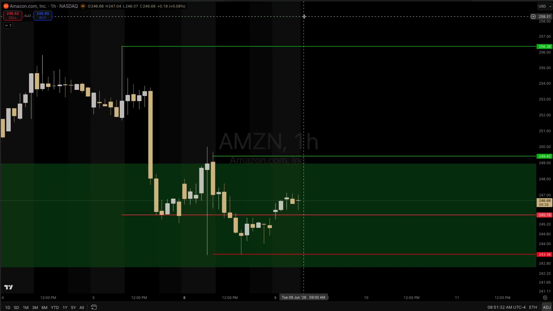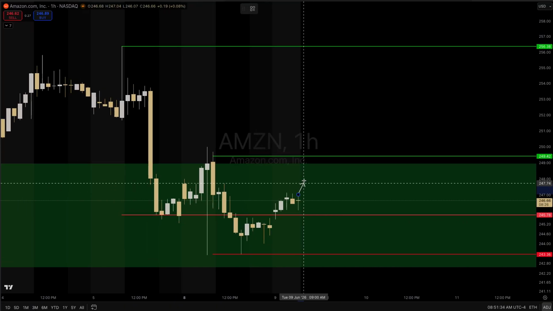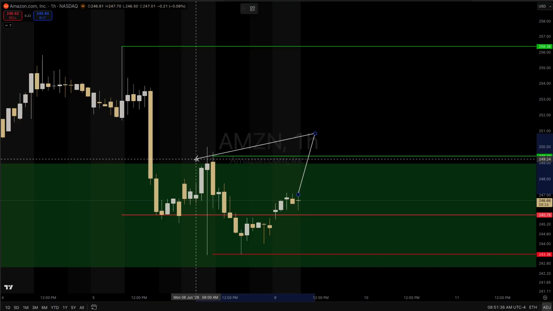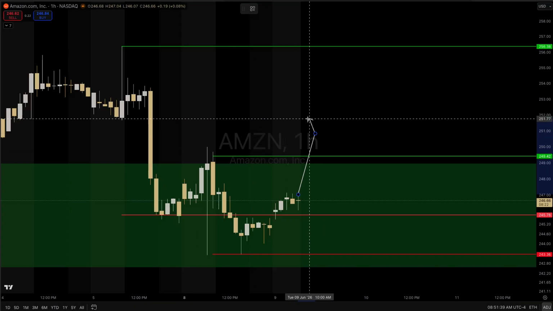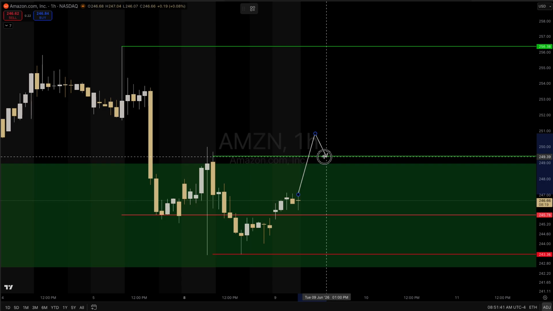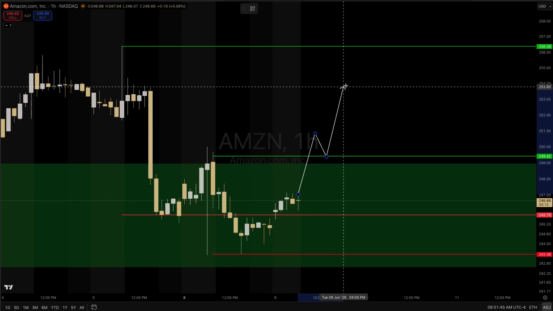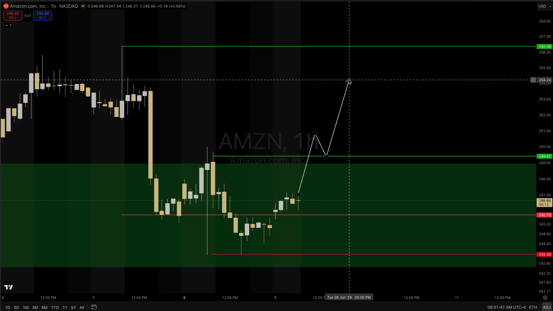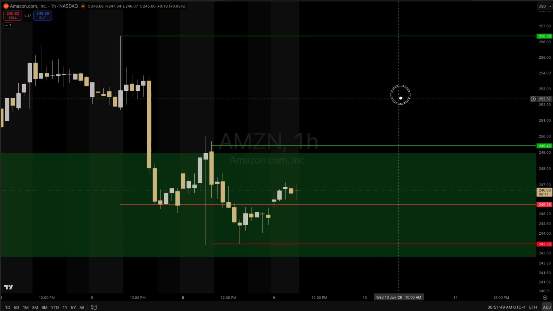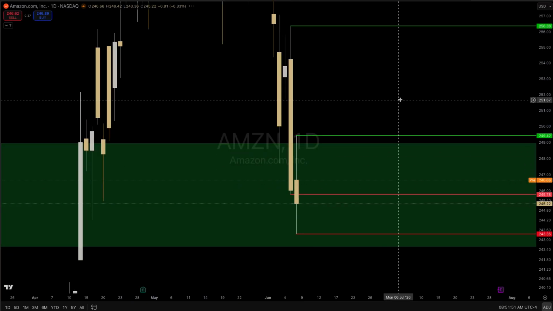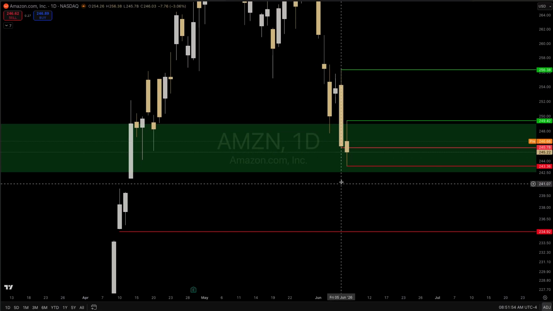Okay, so for Amazon, I'm only interested if price can break above this previous day high, this Monday's high, right? And if price can come back for the retest, and if buyers can hold this level, then we can see a good continuation towards the upside. Okay, if not, then price can just come down.